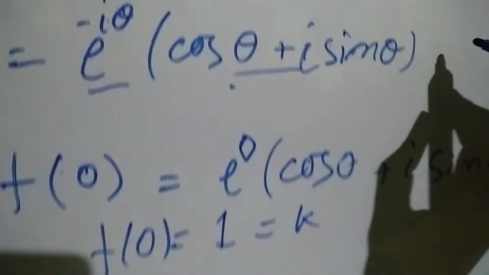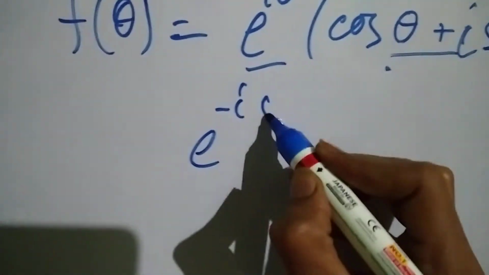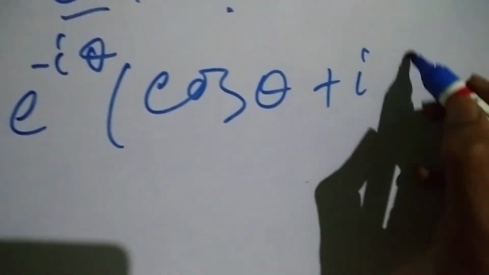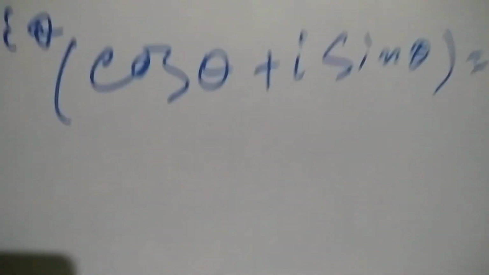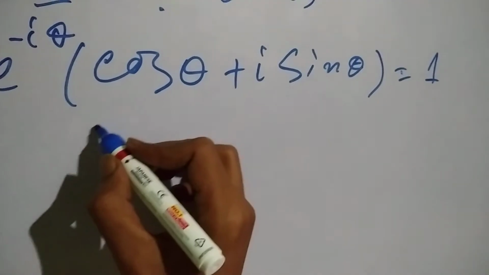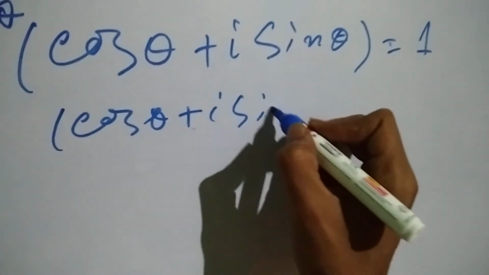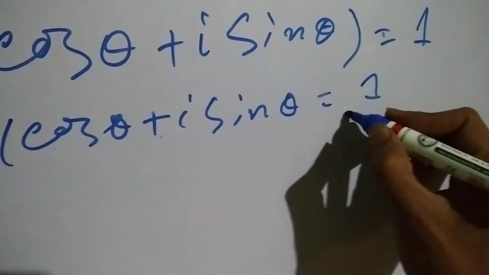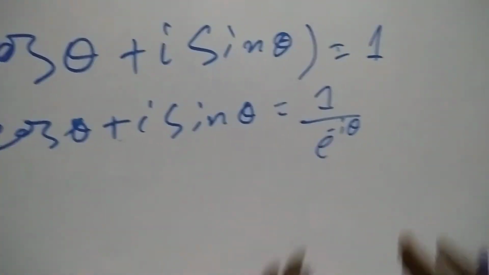So we can write e^(-i theta) times (cos theta plus i sin theta) is equal to 1. Now if we take this number here, we get 1 divided by e^(-i theta), which is e^(i theta).